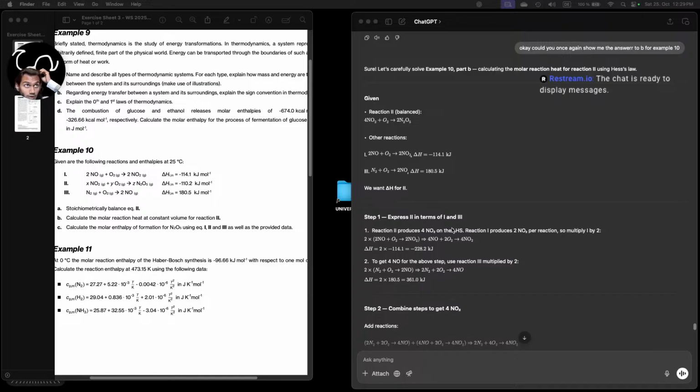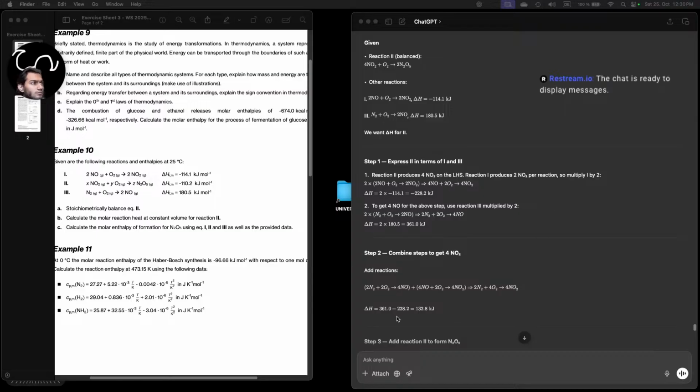So we change the direction of: 2N2 plus 2O2 gives 4NO, 4 times NO plus 2 times O2 gives 4NO2.